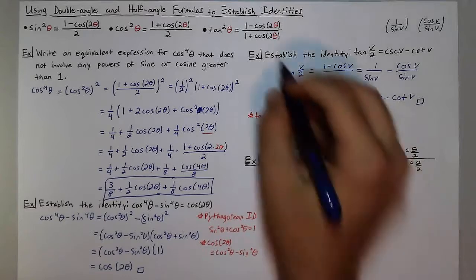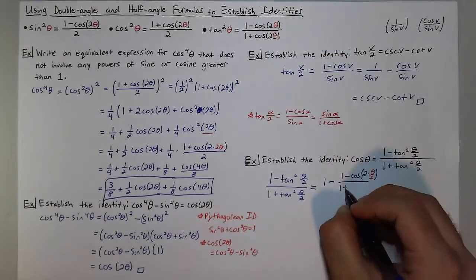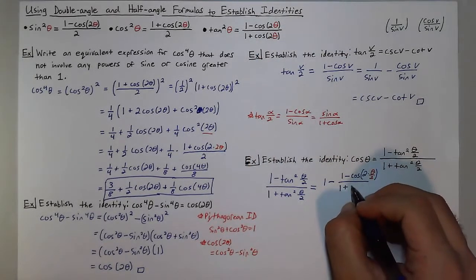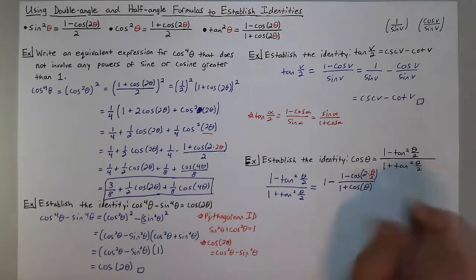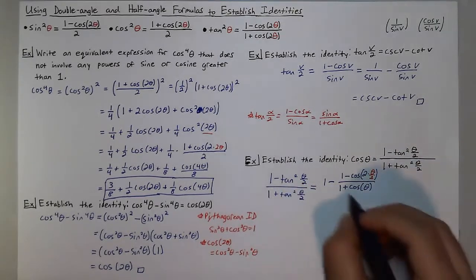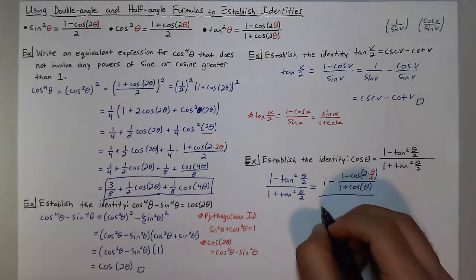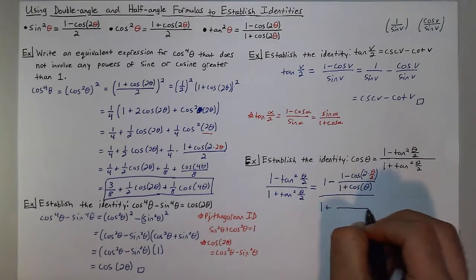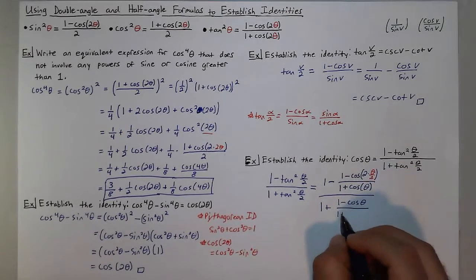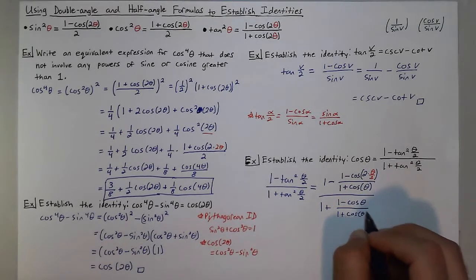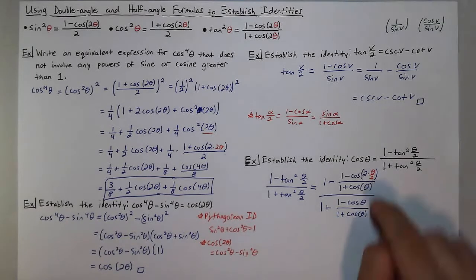So I'll have 1 plus cosine of theta over 1 minus cosine of theta over 1 plus cosine, again, of just theta, since we're doing 2 times that angle. And then in my denominator, I'll have 1 plus the fraction 1 minus cosine of theta over 1 plus cosine of theta. And now I am dealing with a complex fraction.